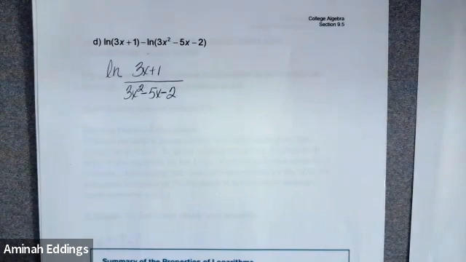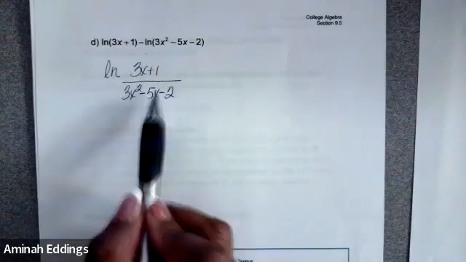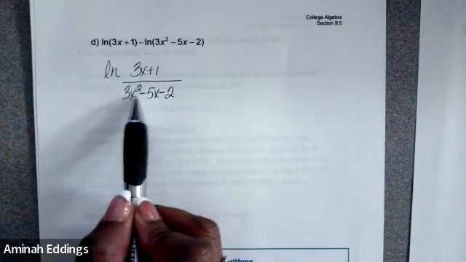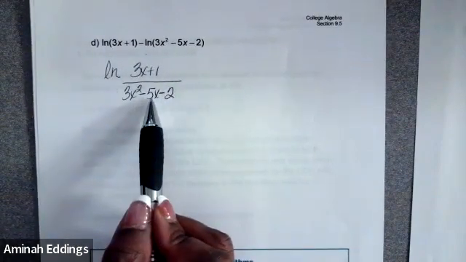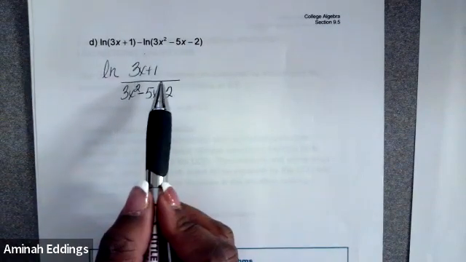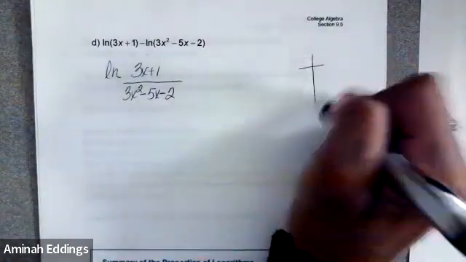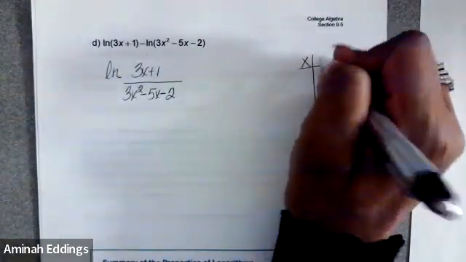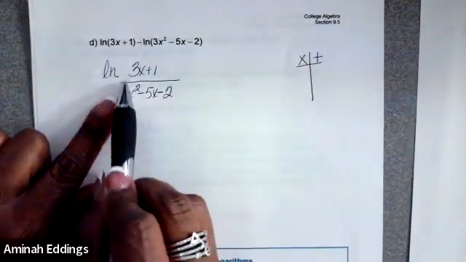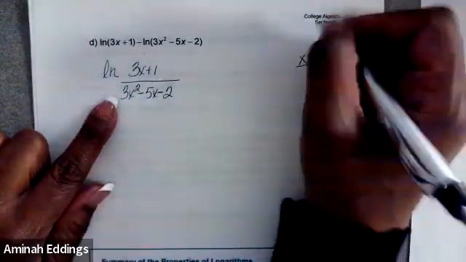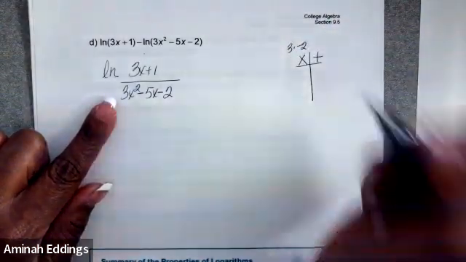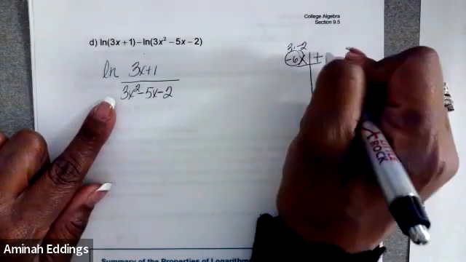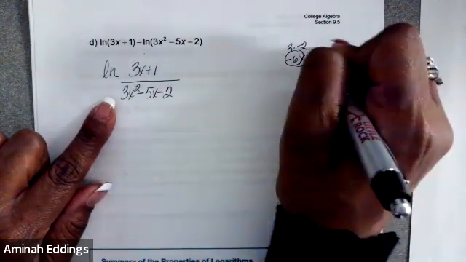Now we're not done because we can simplify this. Something should go off in your head that this is a quadratic, so I might be able to factor it and simplify. Let's try that. We can make our T-chart here. Can't simplify anything on top just yet. Remember, we do A times C. That's 3 times -2, which is -6.